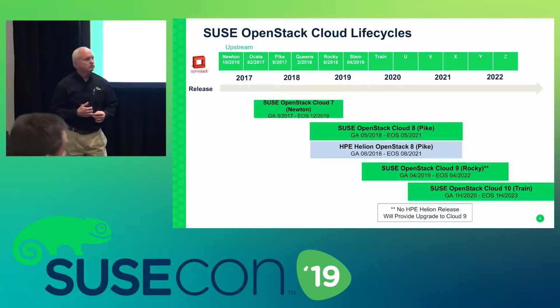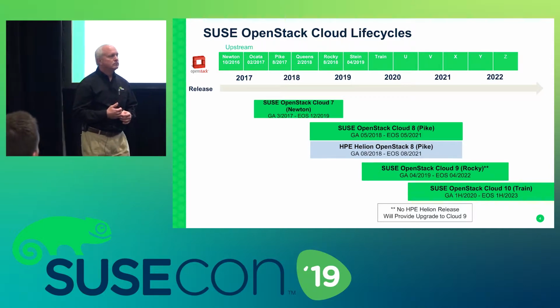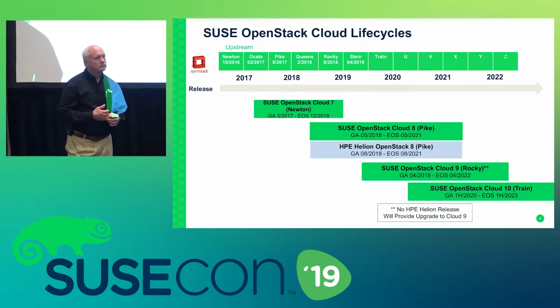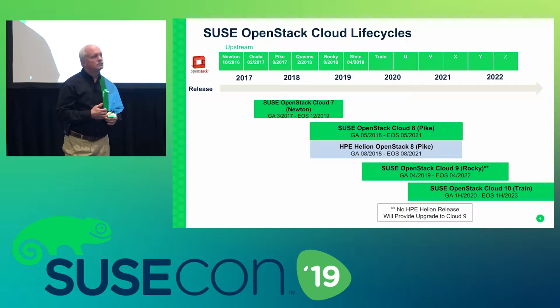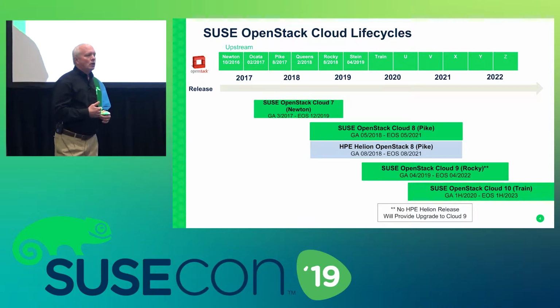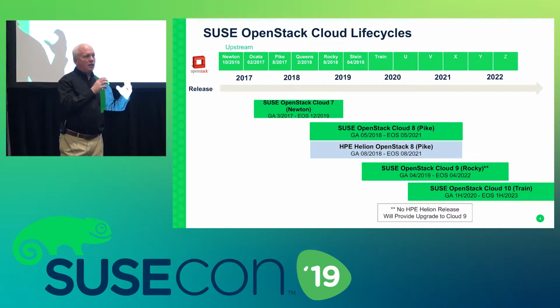So you mentioned that the mechanism that's part of Helion would be part of Cloud 9. Does that mean that for the SUSE side of people, going from Cloud 8 to Cloud 9, there'd be a more disruptive change than for the HPE people? Or are you managing two parallel sets of toolings for Cloud 9? So basically, the underlying Cloud Lifecycle Manager that's in Helion 8 is also in SUSE Cloud 8, and it will be the same migration path.